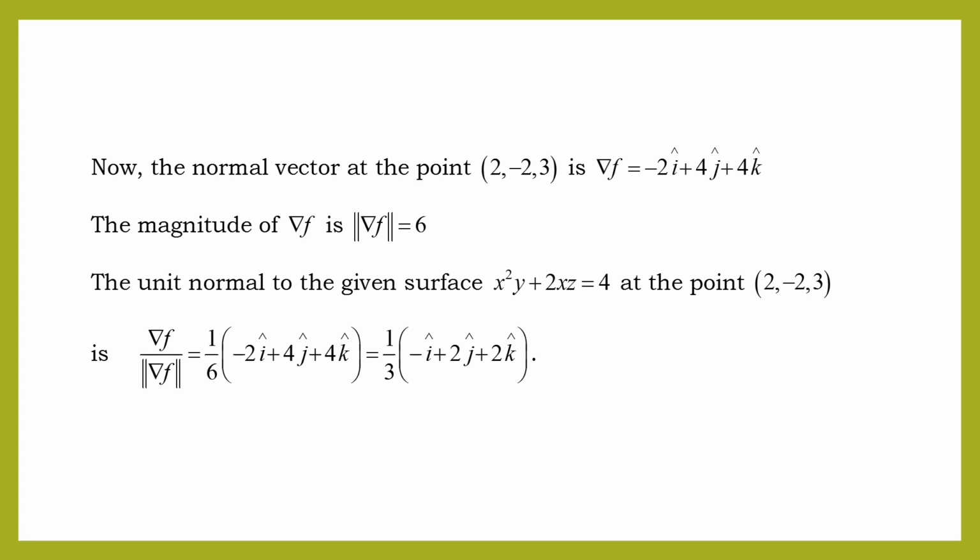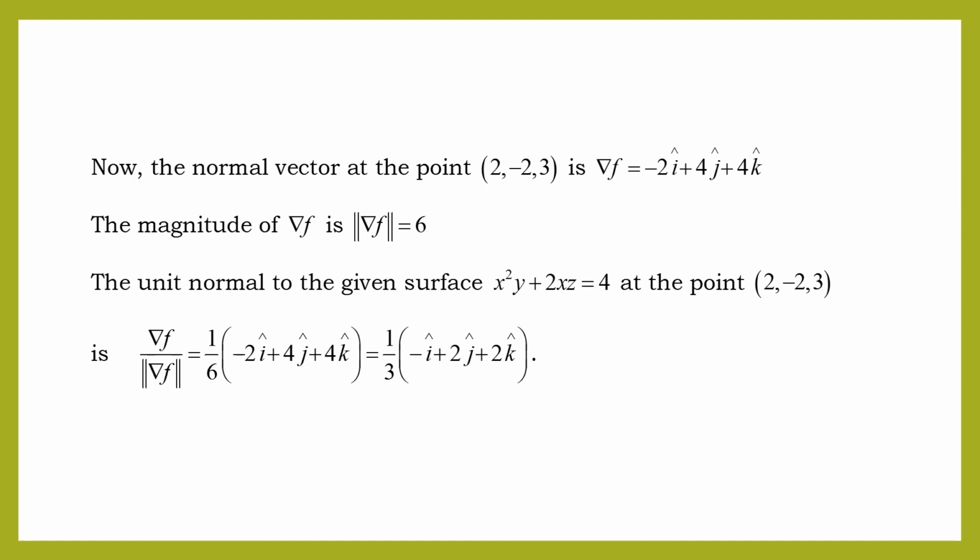First, del f is minus 2i cap plus 4j cap plus 4k cap. So, norm del f equals square root over 4 plus 16 plus 16, which equals square root over 36, that is equal to 6. So, norm del f equals 6.